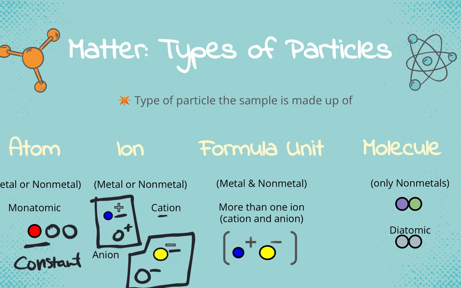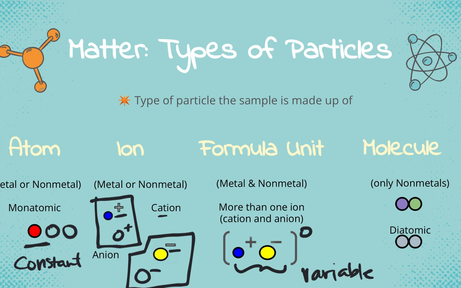But in a formula unit, the positive cation attracts the negative anion, and they create an overall charge of neutral, and they would be considered a variable composition because you have two different types of ions here. You have a cation and an anion. Those are elements that are charged particles, two different elements that have two different charges. So they would have a variable composition.